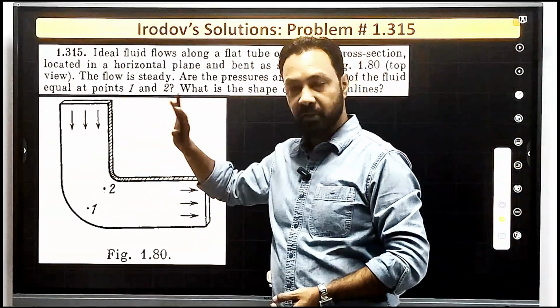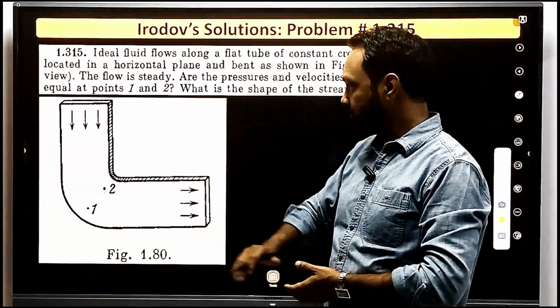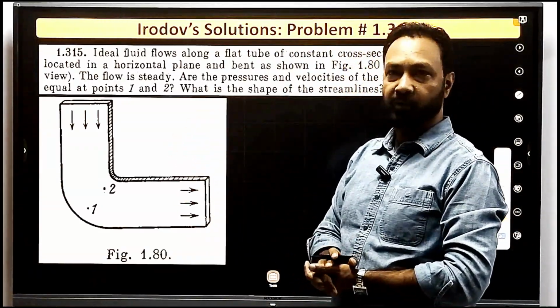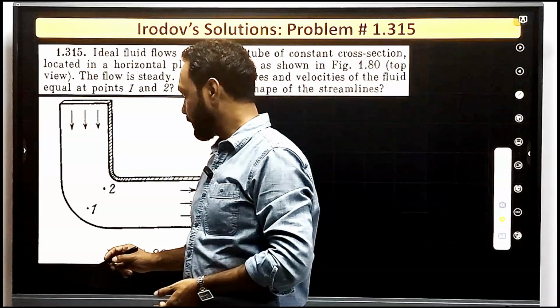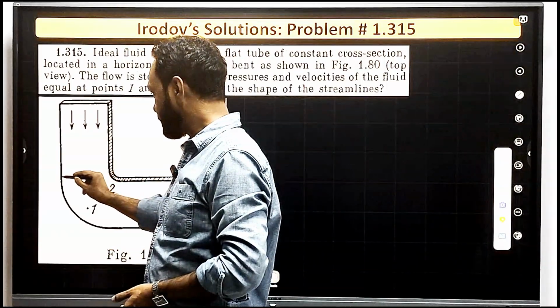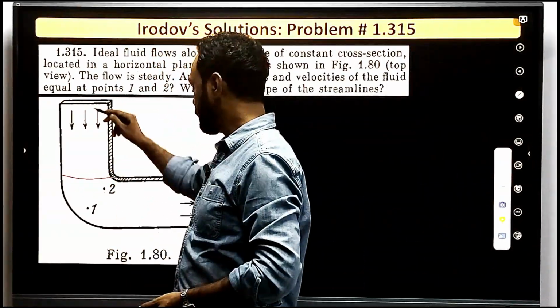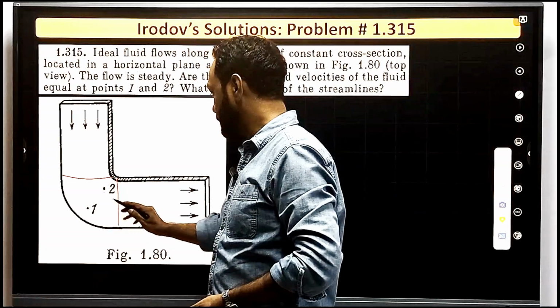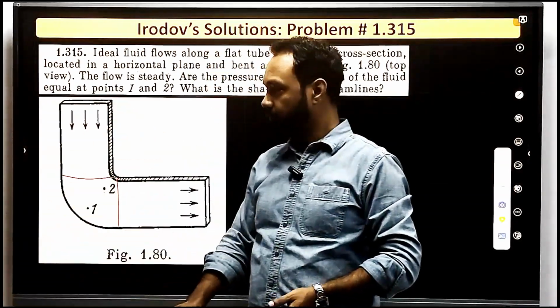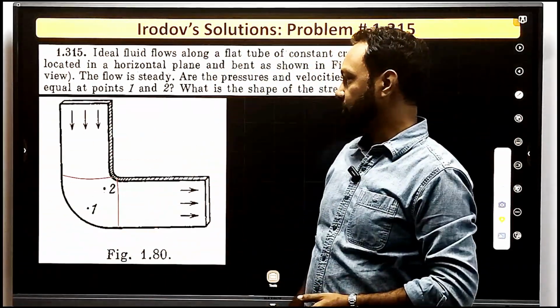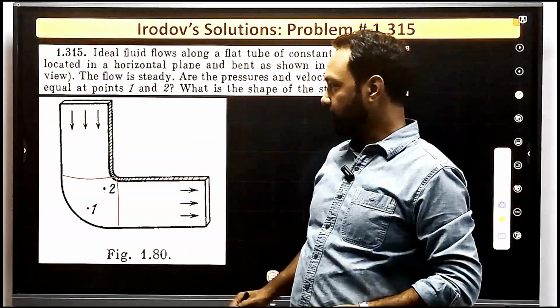So this is a horizontal plane and it is the top view, so there is no role of gravity here. We can divide the pipe into three parts. This part is up to here, that is a straight part, and this is also a straight part, and this is a circle. So according to the shape of the pipe, the fluid will flow.